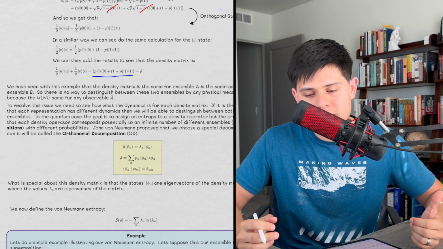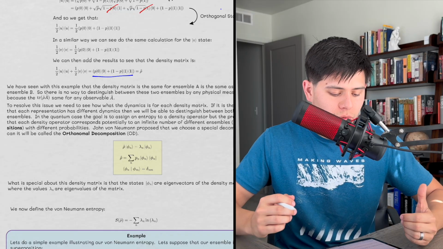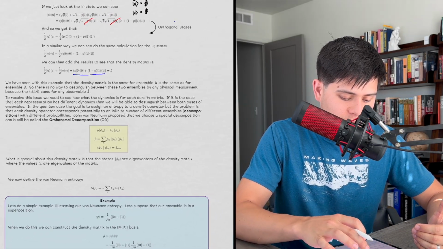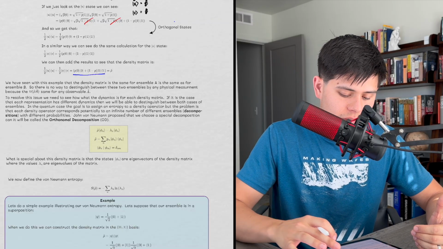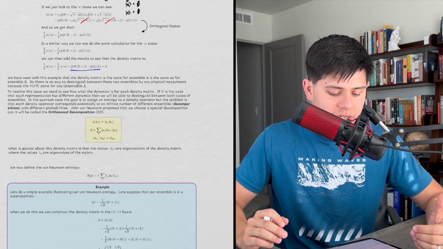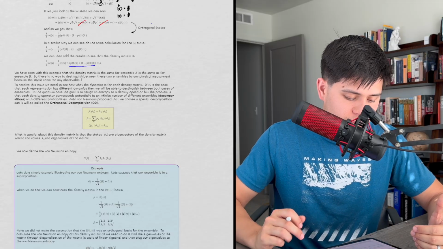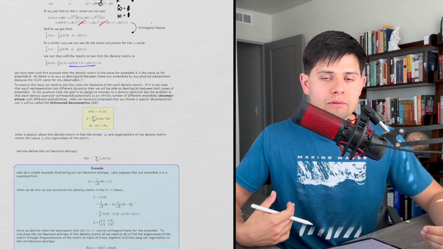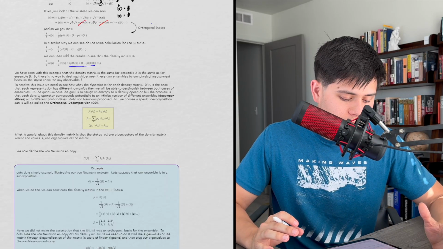So, okay, this is weird. To resolve this issue, we need to see what the dynamics is for each density matrix. If each representation has different dynamics, then we'll be able to distinguish between both cases of the ensembles. So this is going to bring us into the realm of dynamic density matrices.